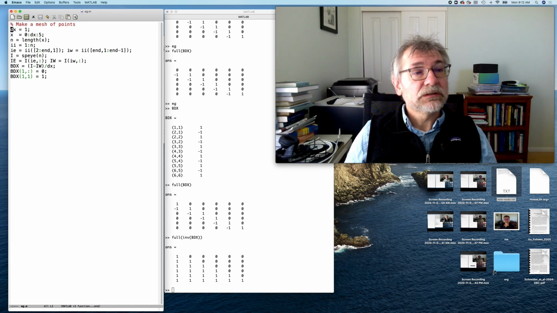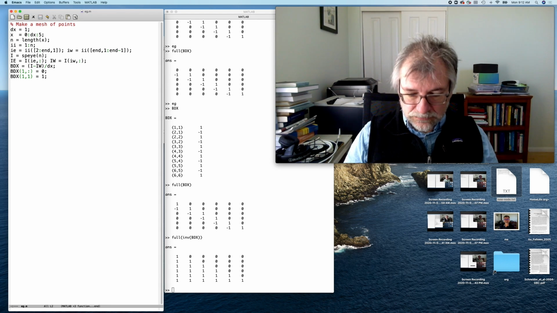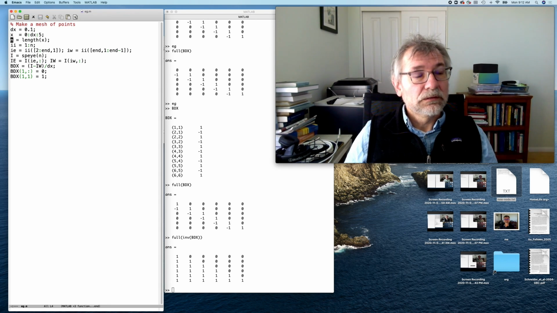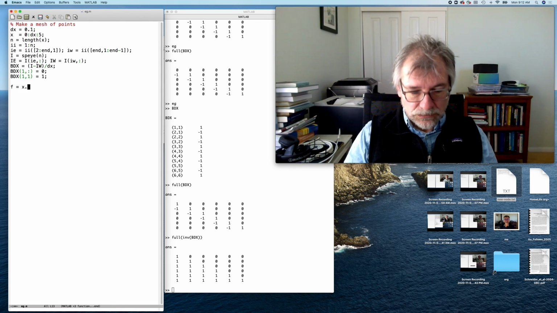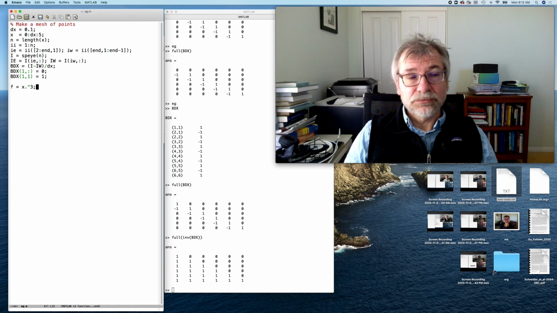Okay, so now let's try it out. Let's pick a function. Let's make dx smaller, 0.1, and then we'll define our function. f is equal to x cubed. So if we want to take the antiderivative of x cubed, we should get 1/4 times x to the fourth, right?